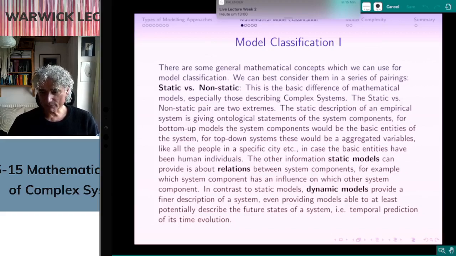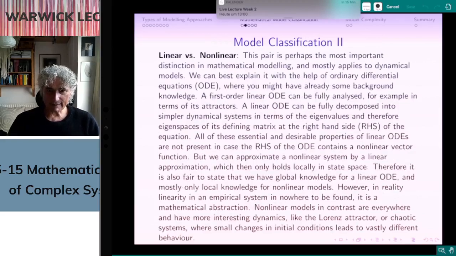Sorry. So let's go to the next slide. And here you see another distinction to classify models, which will also become important in the next lecture on complex systems. So you have the pair linear versus nonlinear modeling. I would like to describe this a little bit in terms of ordinary differential equations, because that will be the most relevant kind of explanation I can give you here for this course. If you remember how the situation for ordinary differential equations was, then you have the following.